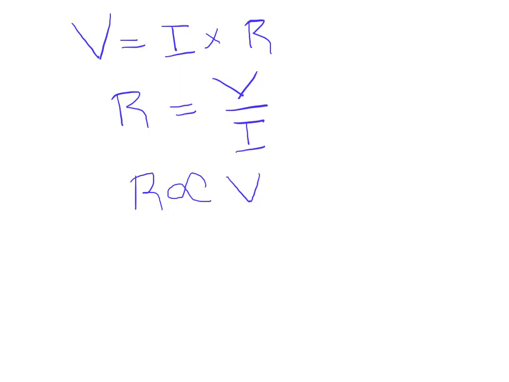Now, what about the relationship between R and I? Here we notice that R is the denominator and I is the numerator. Meaning, if you increase R, you decrease the current. Does that make sense?